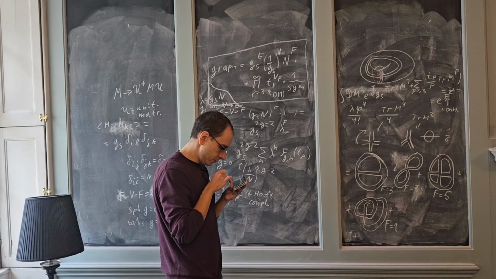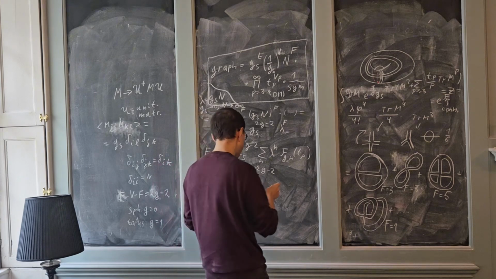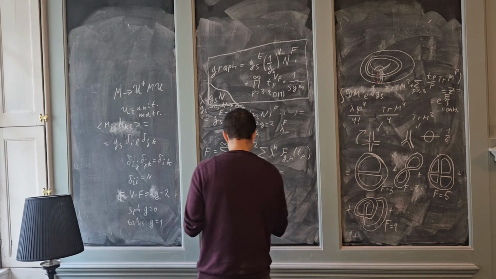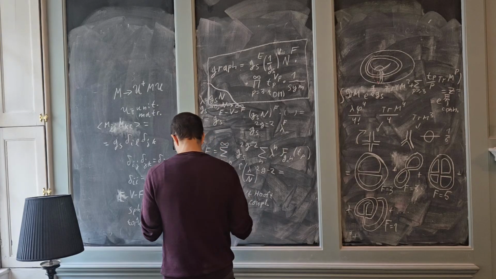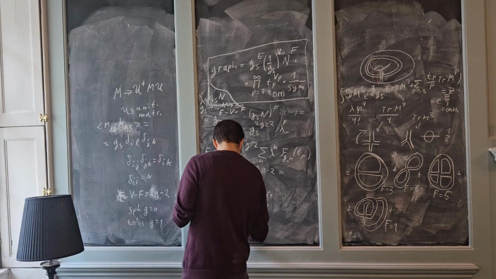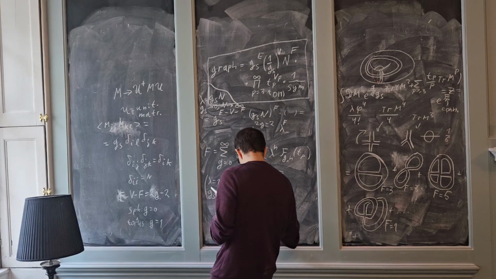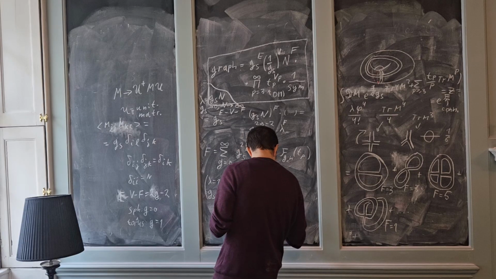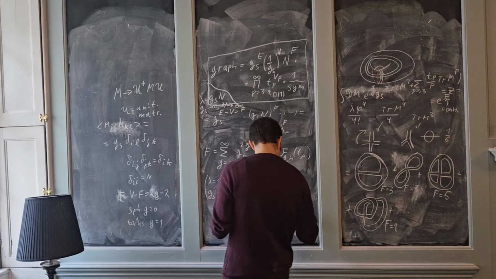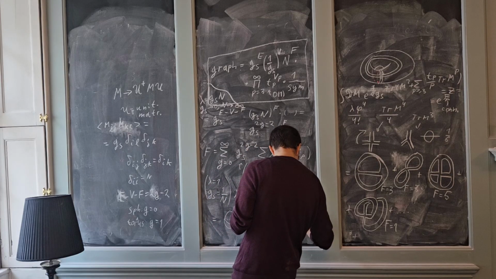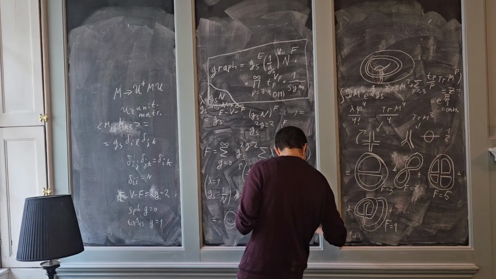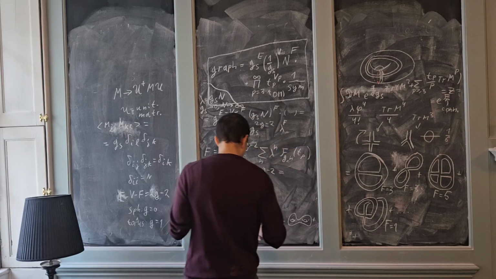So we can draw this formula like so: sum over graphs with spherical topology, plus g string times graphs with torus topology, plus higher genus, and so on.